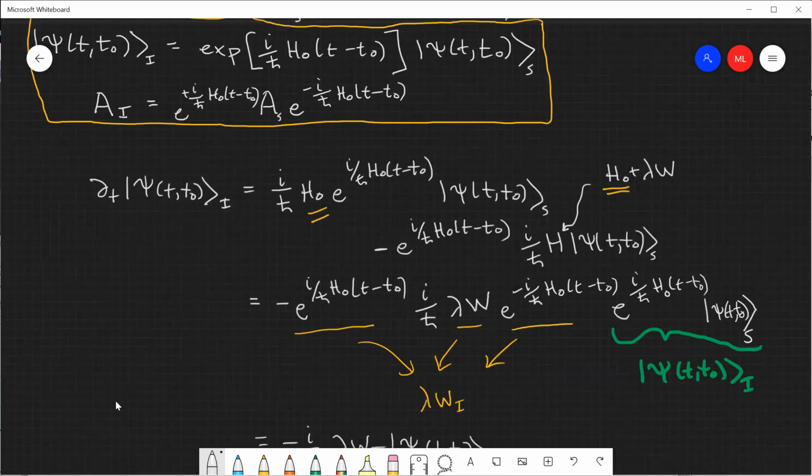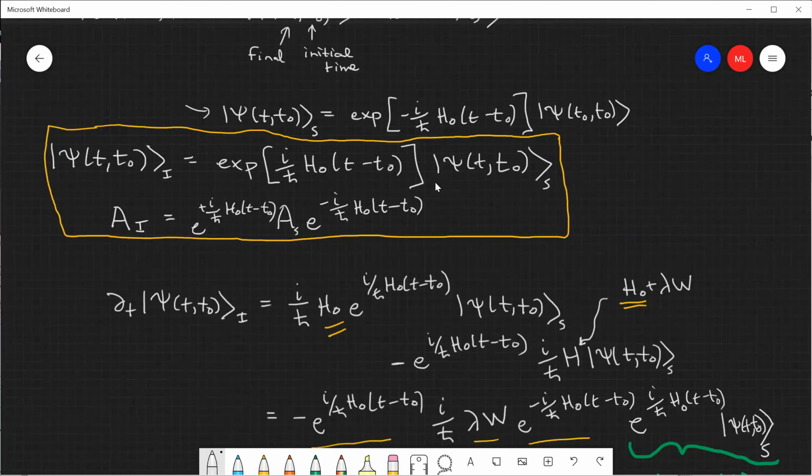So that's another important piece to keep in mind. So here, you see, I said the interaction picture states transform like this, and the operators transform like this. And there's a little bit of a caveat in that the unitary time evolution also transforms like the states, and not like the operators.